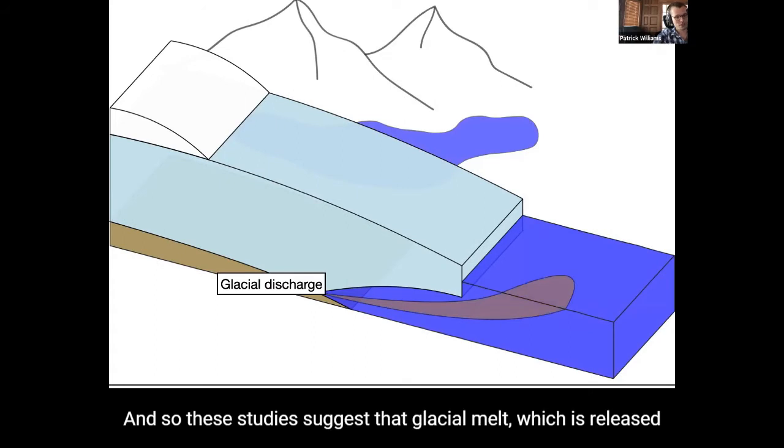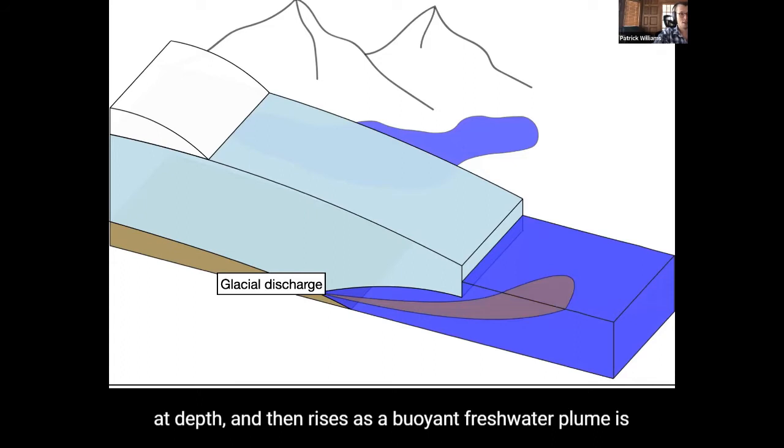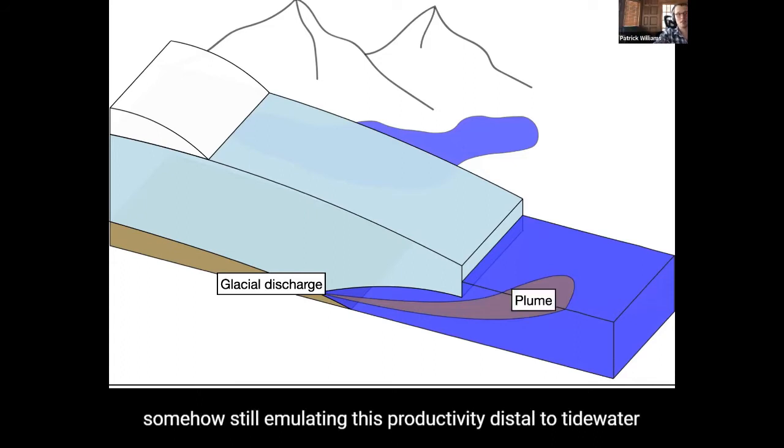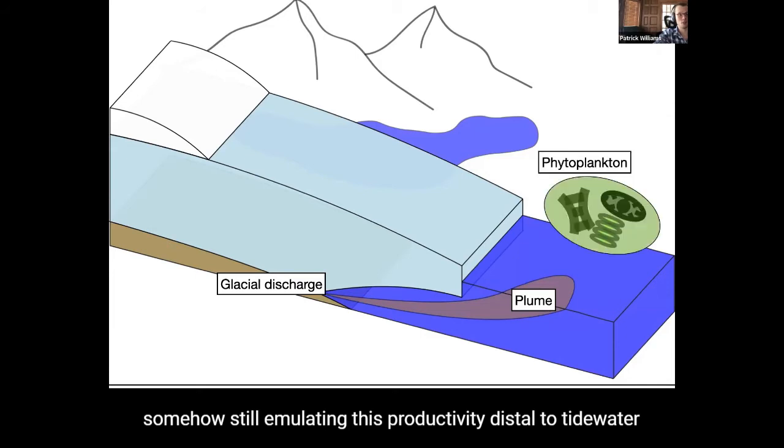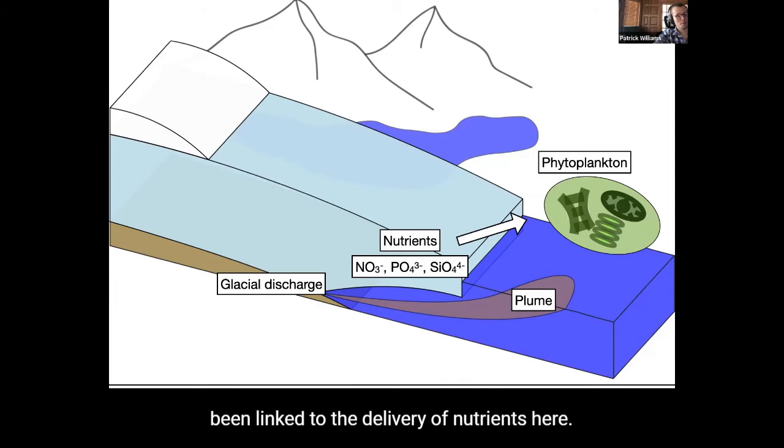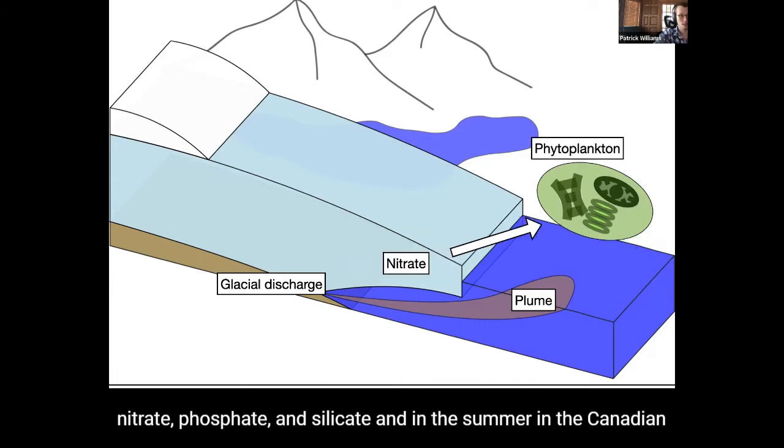And so these studies suggest that glacial melt, which is released at depth and then rises as a buoyant freshwater plume, is somehow stimulating this productivity distal to tidewater glaciers. And this increased photosynthetic productivity has been linked to the delivery of nutrients. Here we're talking specifically about the bioessential nutrients nitrate, phosphate, and silicate.